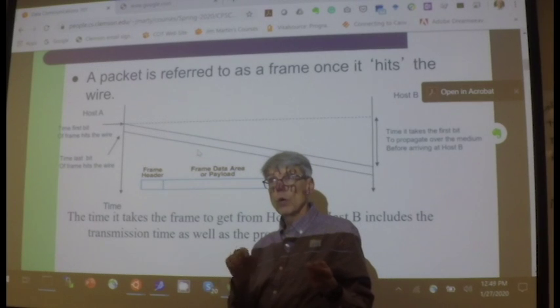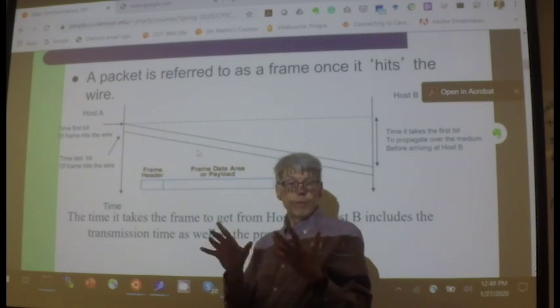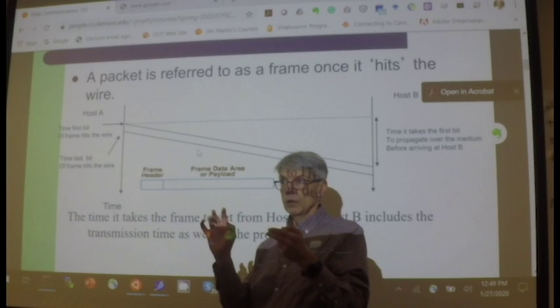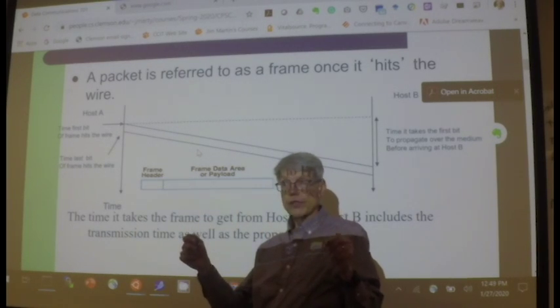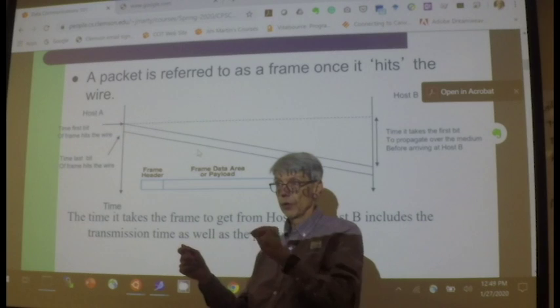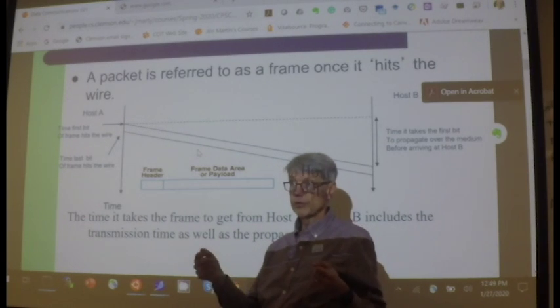One form of connecting two computers is via a satellite hop, and that's been around for 50 plus years.